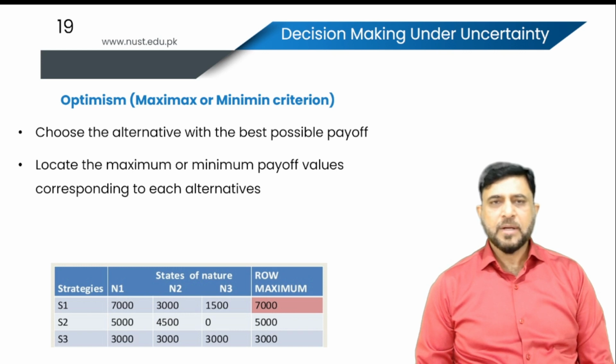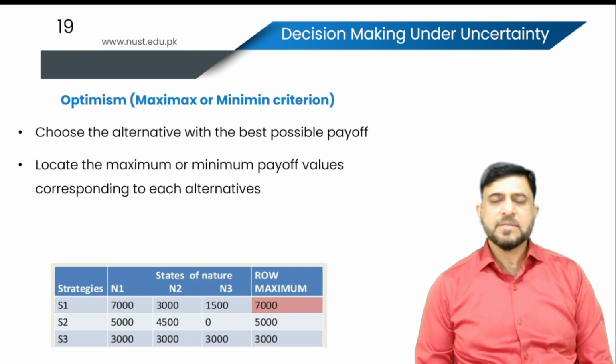How can we do that? With the help of optimism, we select the maximum of a row of a strategy. In the first strategy we have maximum 7,000, in the second strategy we have maximum 5,000, in the third strategy we have maximum 3,000. After selection of the maximum, again we select the maximum of the maximum values.